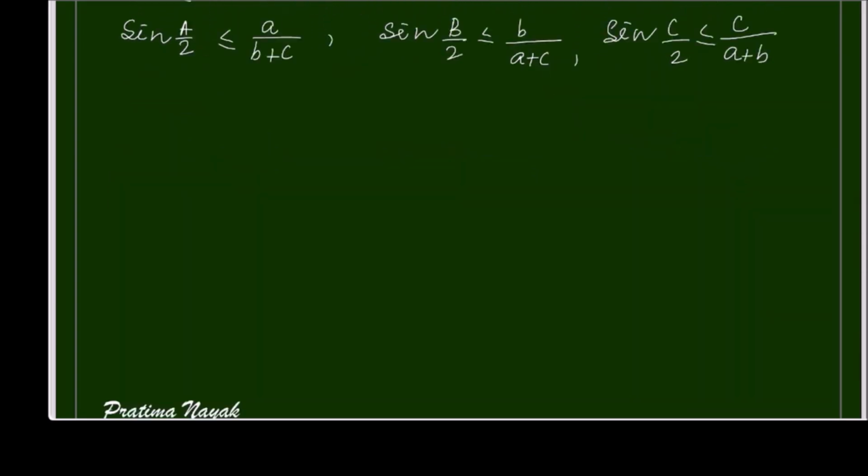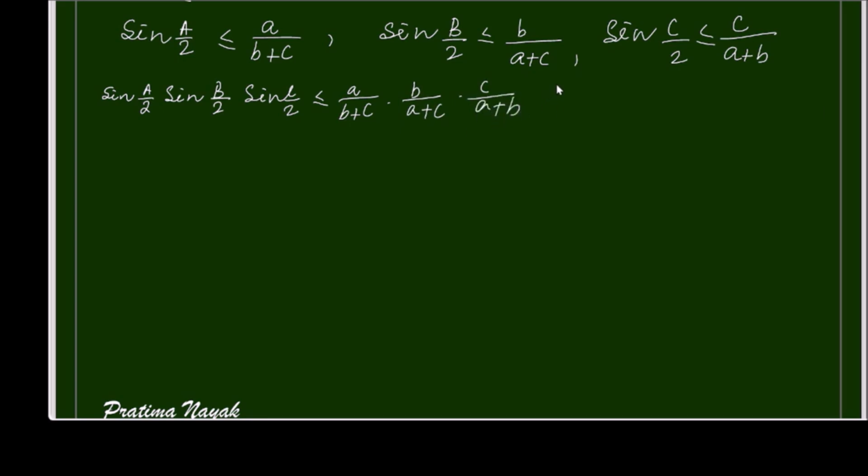So now multiplying these three relations, I'll get sine A by 2, sine B by 2, sine C by 2 is less than or equal to a over b plus c multiplied by b over a plus c multiplied by c over a plus b.